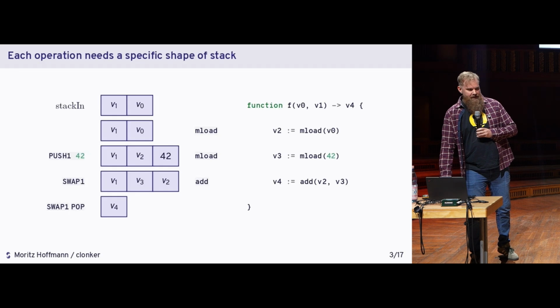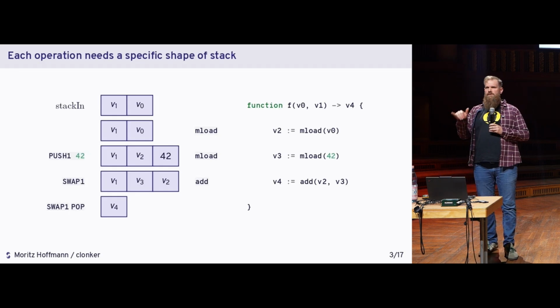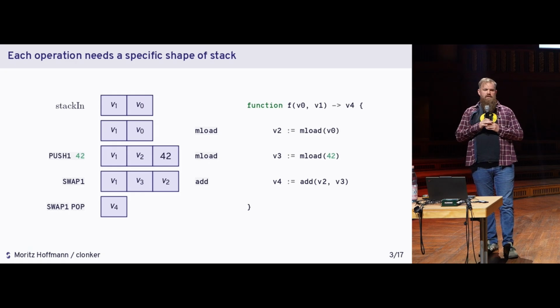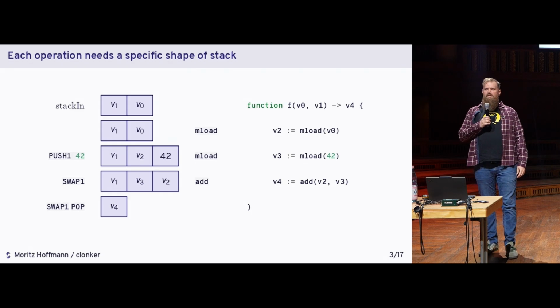And that is a step that will, for each function and for each built-in call, where a built-in could, for instance, be here an mload on the right-hand side, we will prescribe a specific layout of the stack that we expect the EVM state to have at that point in time when executing the bytecode.